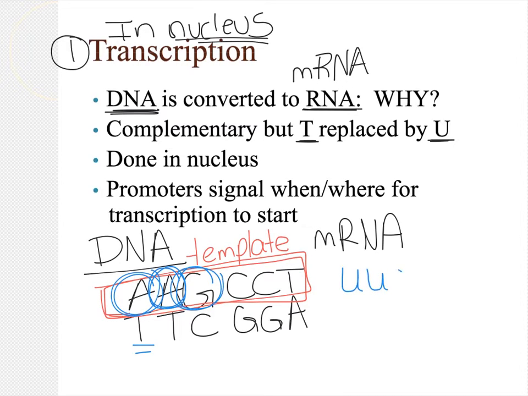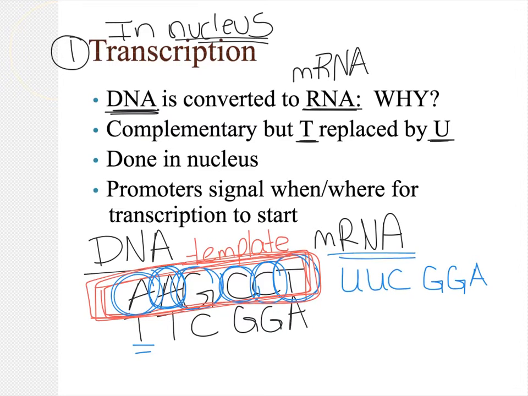G is going to have a C, then C, my messenger RNA will have a G, and with this C here will have a G, and then T matches with A. So it used this side of my DNA that I'm outlining in red here as a template in order to create my messenger RNA. This piece right here now is a copy of the DNA, slightly different because it's got the U's, but it's pretty much still a copy of the DNA. And this message can now go out into the cytoplasm for the next step.